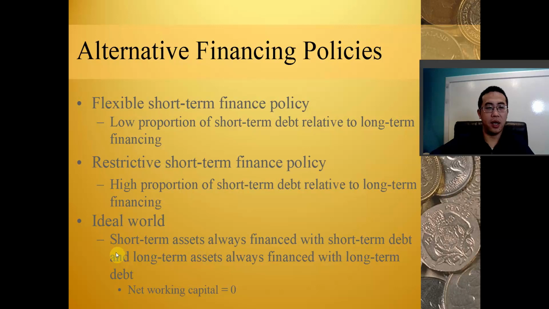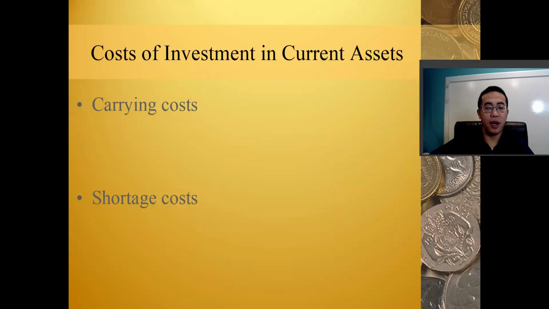We ideally want to keep short-term assets financed with short-term debt, and long-term assets financed with long-term debt. Okay, so we want to keep the money inflow and outflow in the same pattern, and that basically gives a zero net working capital in the short run.